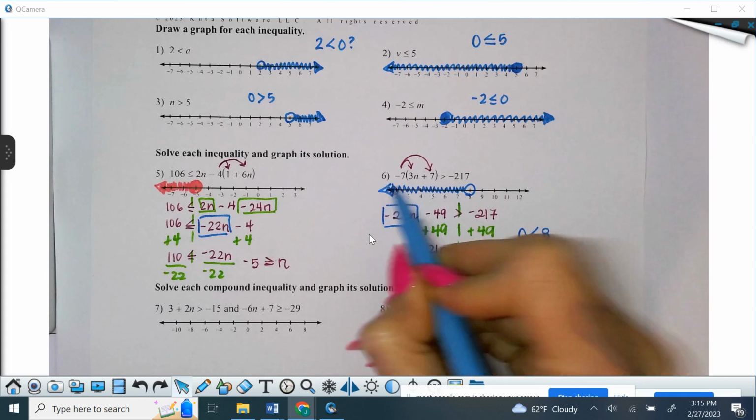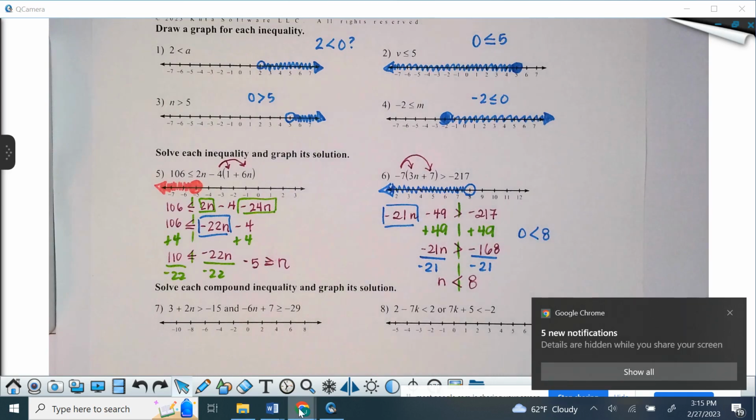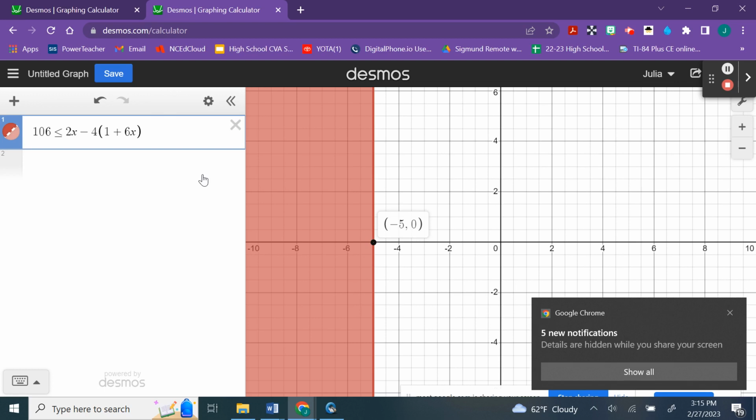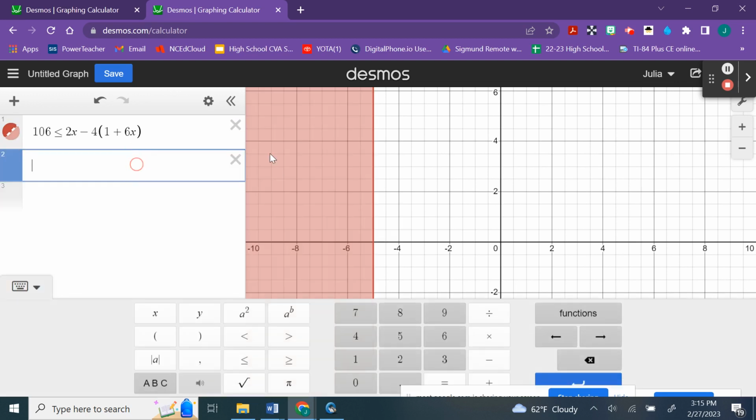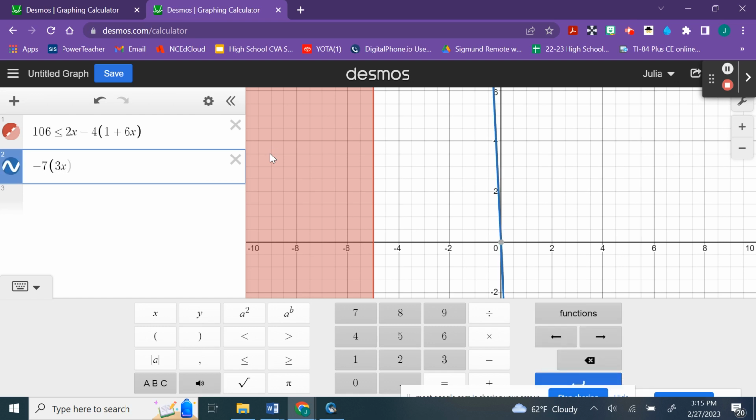And again, just like I'd mentioned before, we can go over to Desmos. If I'm talking too fast, tell me. We can plug it in just as is. And that was negative 7, open parentheses, and then 3, change our variable to an x because that's how Desmos likes to communicate better.